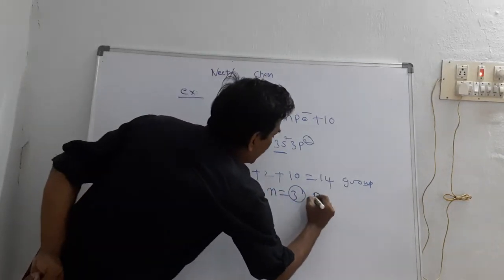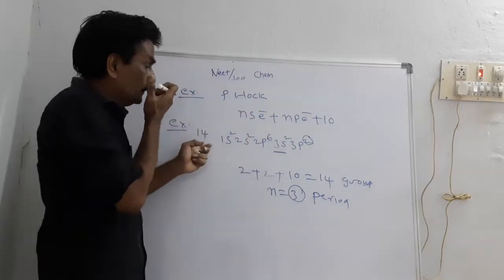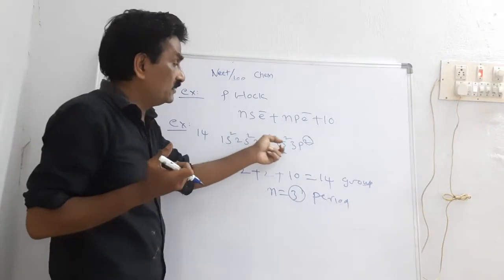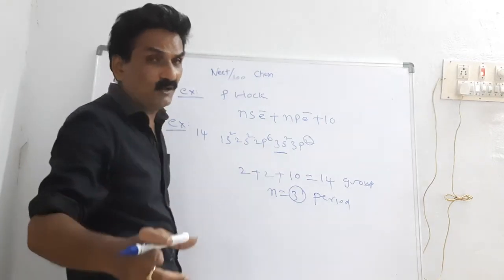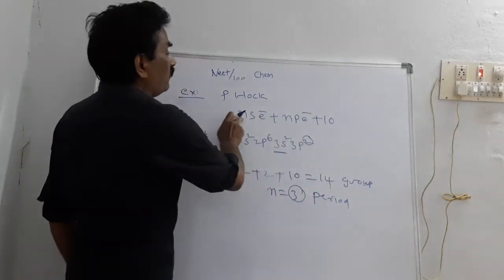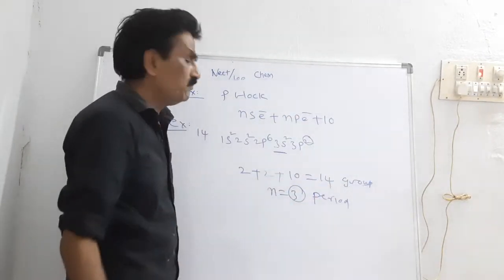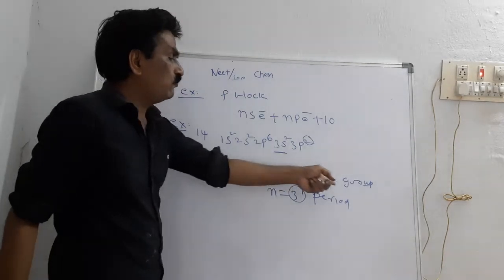So third period. So for the configuration 1s2, 2s2, 2p6, 3s2, 3p2 you have calculated the 14th group. What is the formula trick? ns electrons plus np electrons plus 10. So 2 plus 2 plus 10, the 14th group.